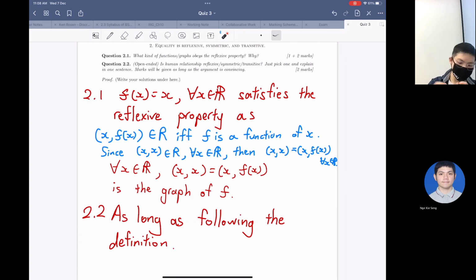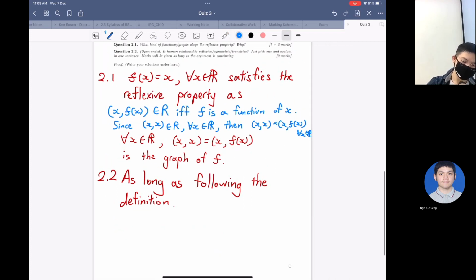For this open-ended question, I'll give marks as long as you follow the example. If you want to say human relationship is reflexive, then you have to say that for everyone. Let me give some argument here.